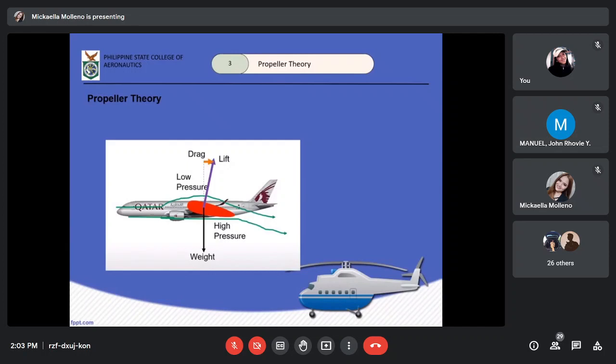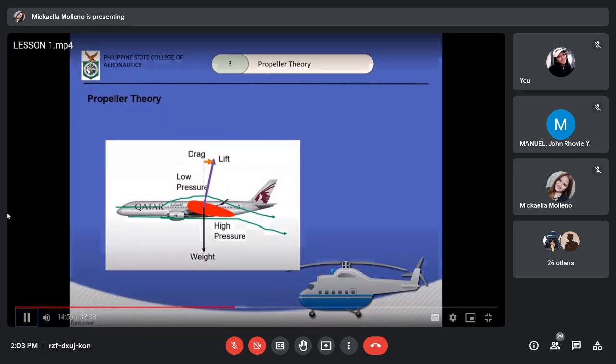So how does propeller produce drag? Since we know na same na airfoil sections ang ginagamit for both propellers and wing, can we apply the same ideas as to how a wing generates lift as to how propellers generate thrust? So, does anybody have an idea?